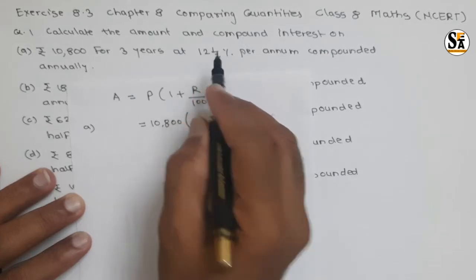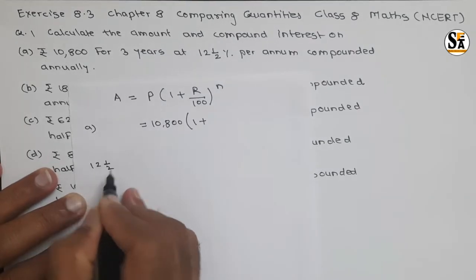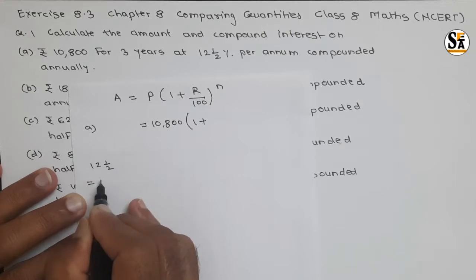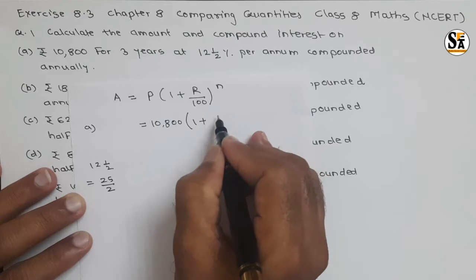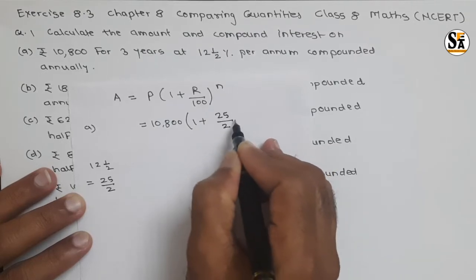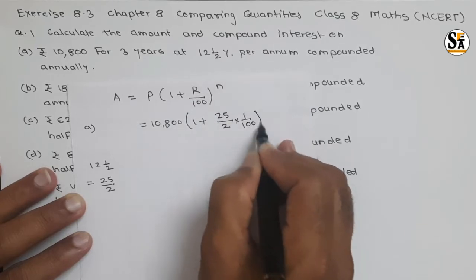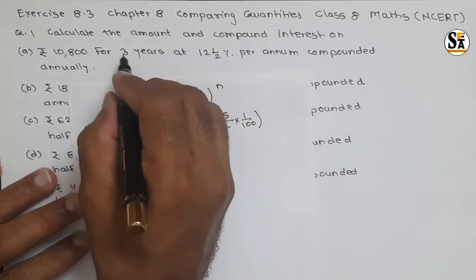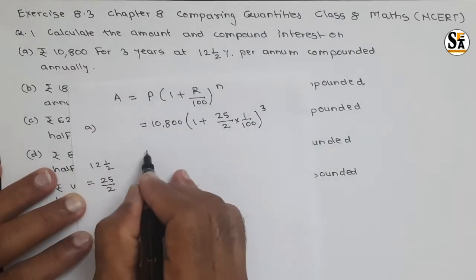If we convert this 12.5, it will come 12 into 2, 24 plus 1, 25 divided by 2. So write here 25 divided by 2 into 1 by 100, and bracket raised to N is for 3 years. This will be the equation.